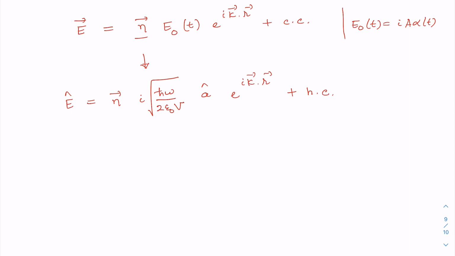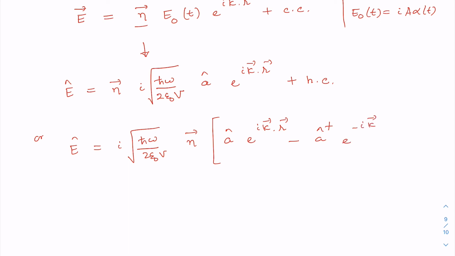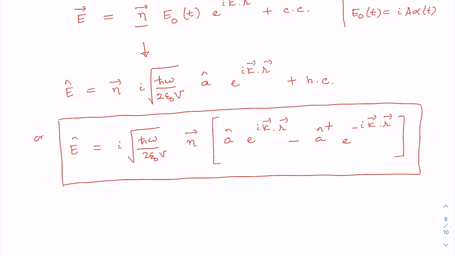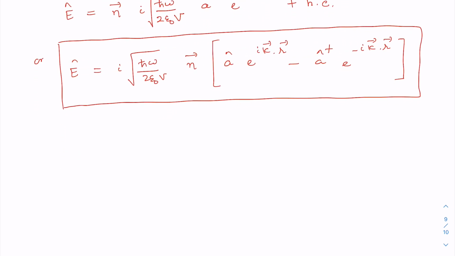So let me write the full form: E cap equals i square root of h cross omega by 2 epsilon 0 v, times the polarization direction, times (a e to the power i k dot r minus a dagger e to the power minus i k dot r). So this is the operator form of the electric field, and you can easily check that this is a Hermitian operator, and it has to be, because the electric field represents observables.